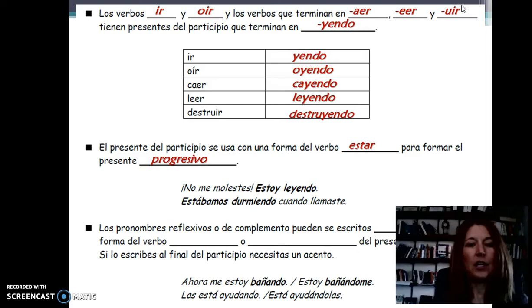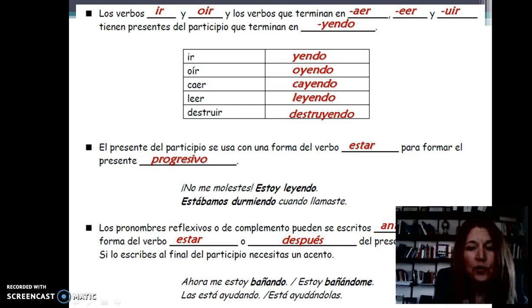Let's see. Los pronombres reflexivos o de complemento pueden ser escritos antes de la forma del verbo estar o después del presente del participio. What does that mean? Well, it can go before the verb estar or it can go after the present participle.